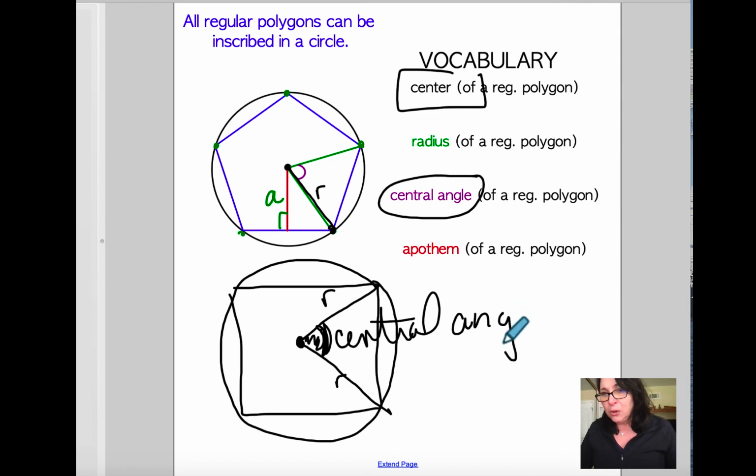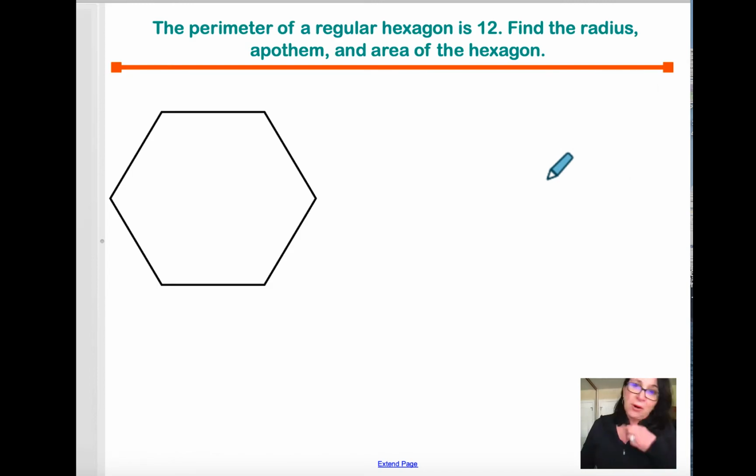A central angle is an angle whose vertex is the center of the circle. So this angle is a central angle because it has its vertex at the center of the circle. What's cool about this, by the way, is that if this angle is, let's say, 50 degrees, then this arc length right here is also 50 degrees. Okay. We'll get to that more later.